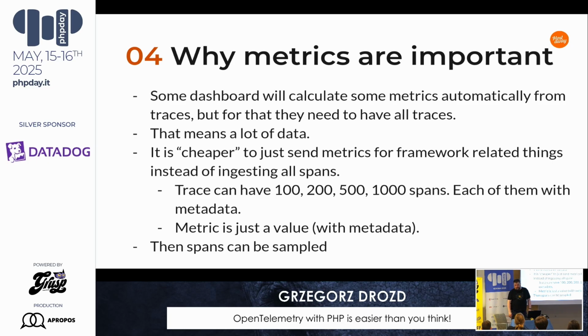So that's why you're losing data. And that's why metrics are more important than spans and traces, because a trace can contain 100, 200, 500,000 spans, and each span contains metadata, information about the host, so it produces a lot of information.